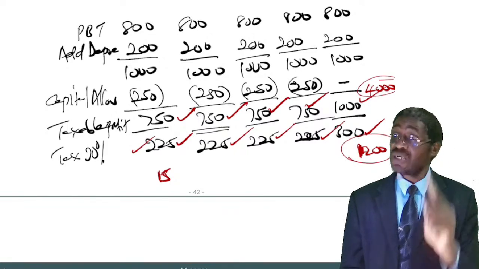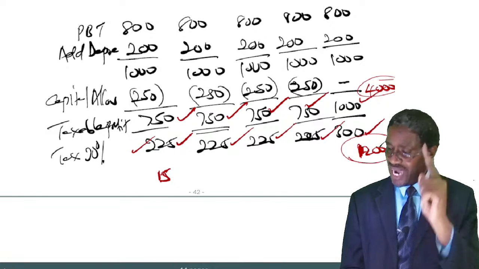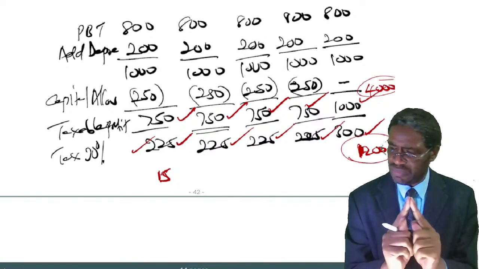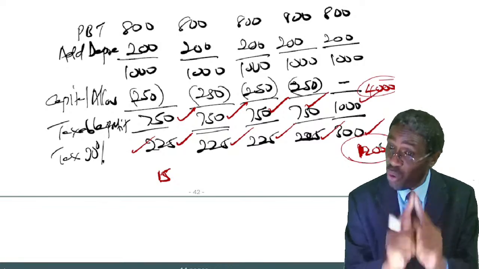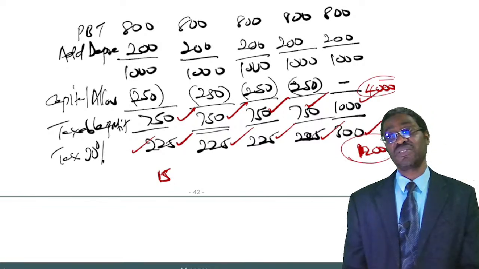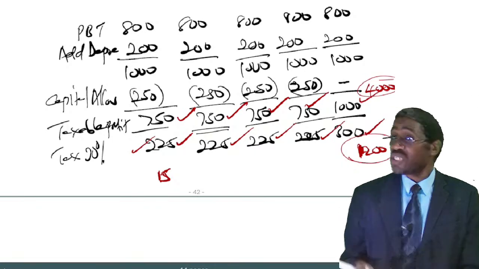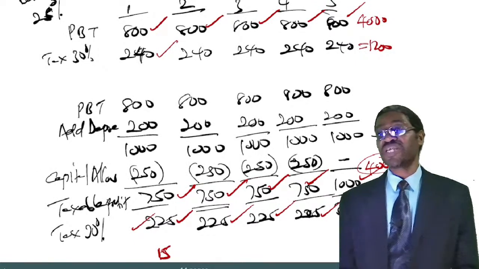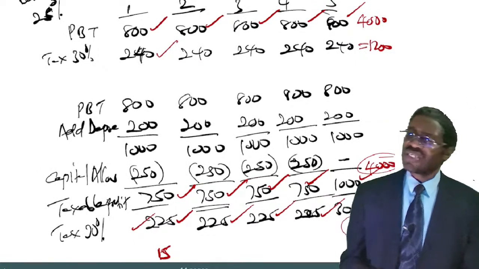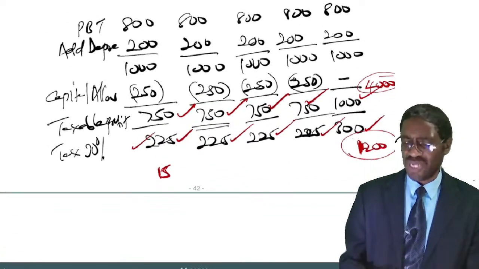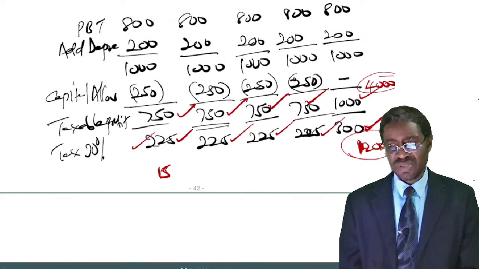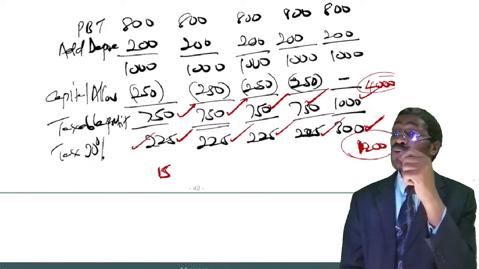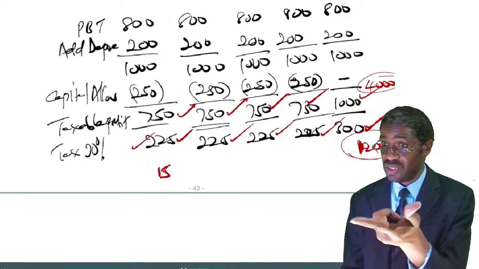The answer is no. Listen carefully. The answer is no. A time will come when you will be required to pay that 15. You can see, for example, in the 5th year, while I thought I'll pay tax of 240, the taxman will tell me to pay tax of 300. So it is obvious a time will come when I'll be required to pay more taxes.